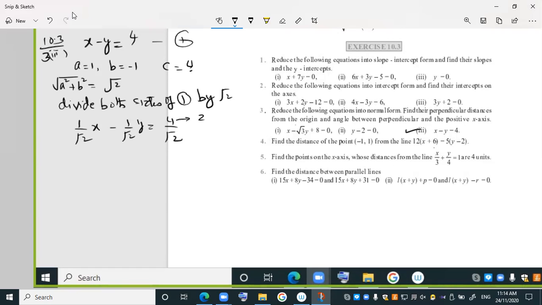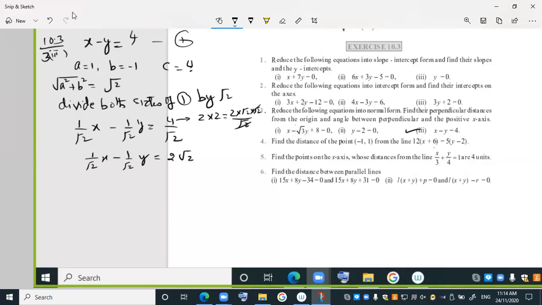This 4 can be written as 2 into root 2 into root 2, and that will cancel with this root 2, so this will become 2 root 2.